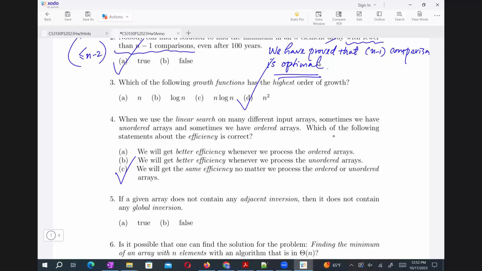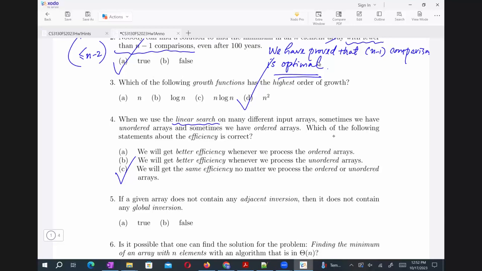Actually, I told you about this question before. Here, we implement the linear search. The algorithm is already there. It is fixed. We cannot switch to binary search. Just the linear search all the time. So under that condition, even if the given array is in ascending order, you cannot apply binary search.